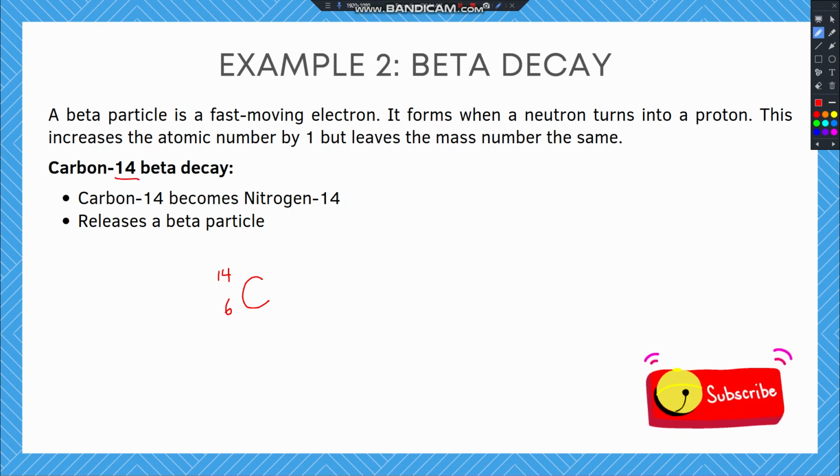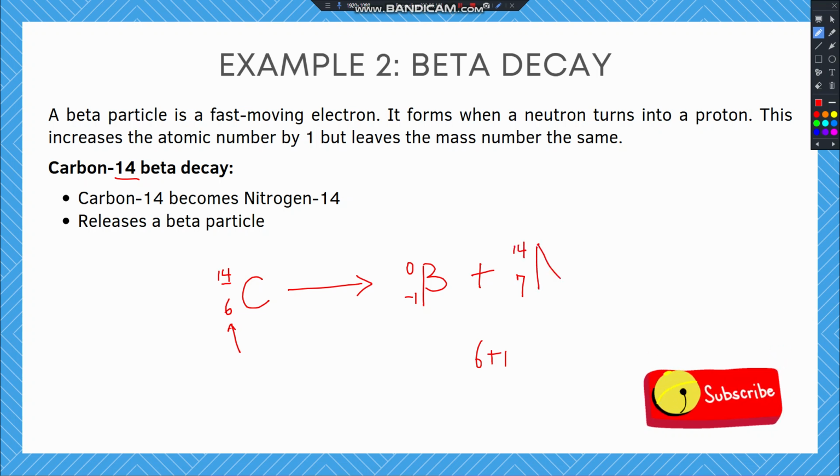So when this carbon atom undergoes a beta decay, it releases the beta particle, which has this value -1 as the atomic value and 0 as the mass. Now, remember, the atomic number will increase by 1, so it becomes 6 plus 1, which is 7, but the mass number remains the same. So the element that has the atomic number 7 is nitrogen, and that is N.